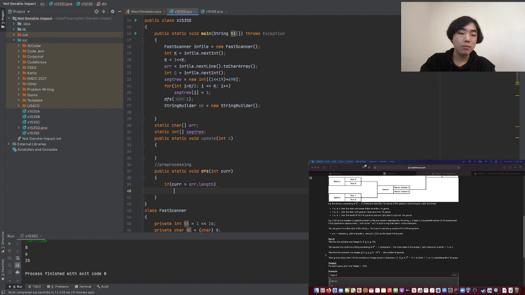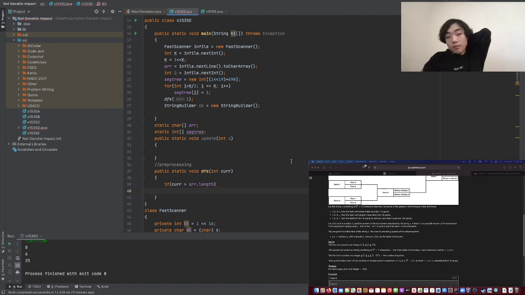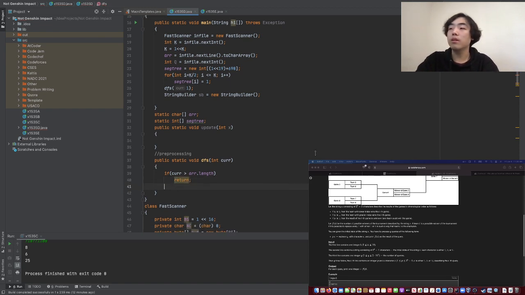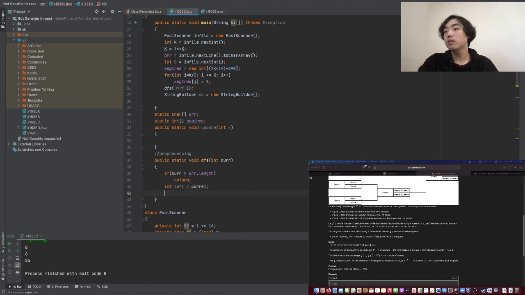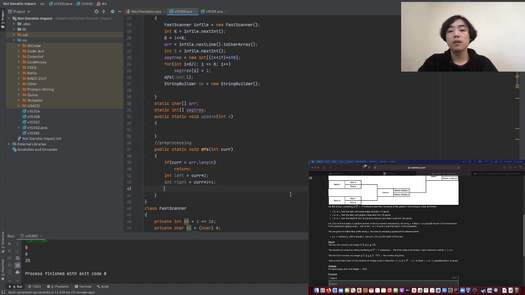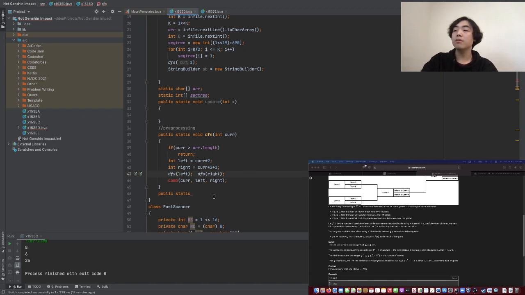Because is that how many games are given? Yeah. Then we just return, we don't do anything else. Otherwise, if left is equal to cur times 2 plus 1, and then we combine. Left and right have to be updated, and then we combine them.